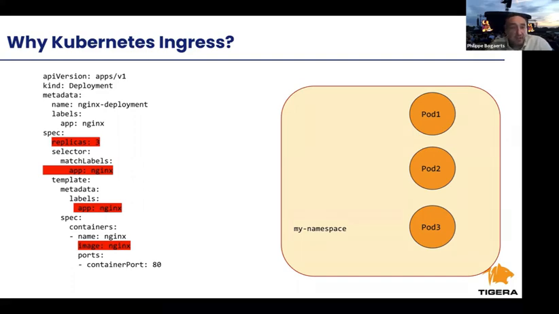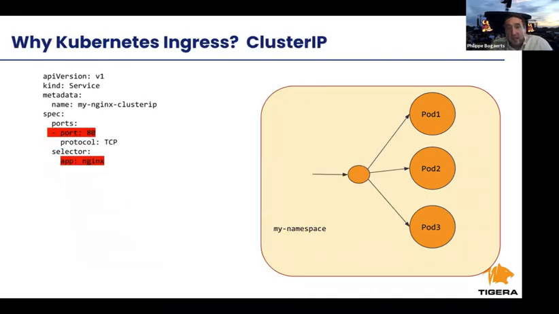Calico will make sure they get an IP address. And very importantly, to be able to reach these pods, which have dynamic IP addresses assigned by the IPAM of Calico, you need to make sure that you have a generic way to access them.